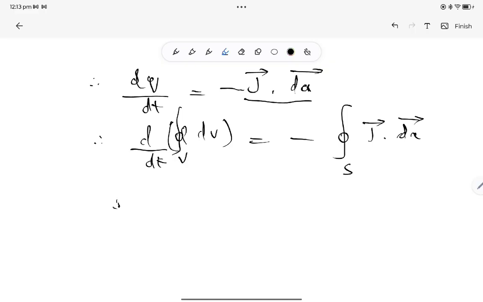Therefore, we can write it as the integral of d rho by dt dV is equal to minus the surface integral.